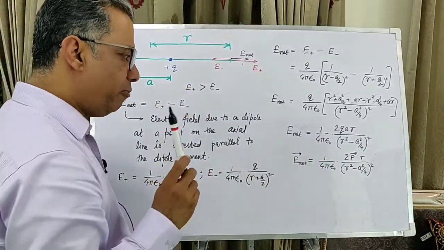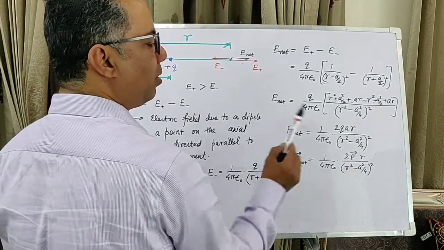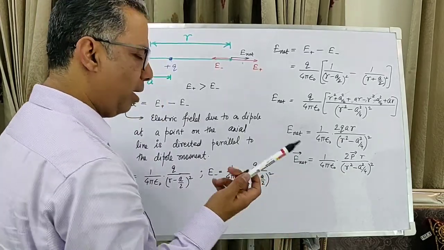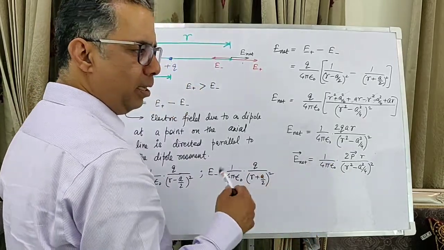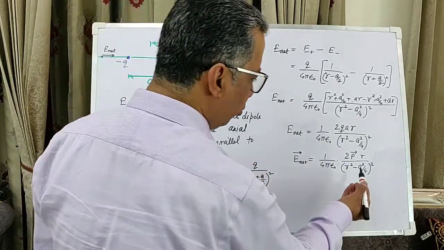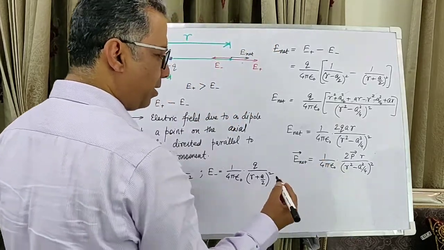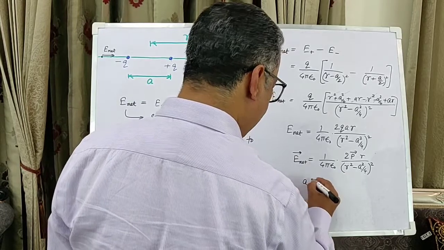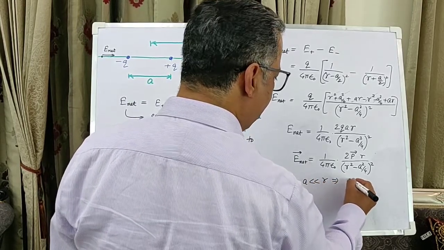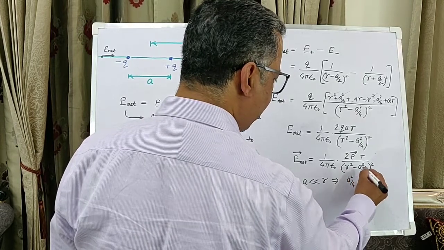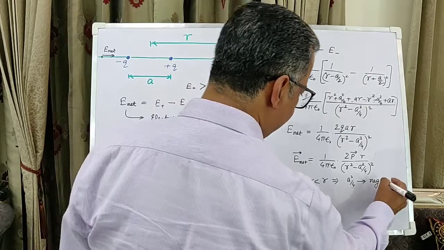Now more often than not r is very large compared with a. You will recall our definition of the dipole, which says dipoles are usually small, so this a is very likely to be very small in comparison to r. And therefore a square by 4 here is negligible in comparison to r square.